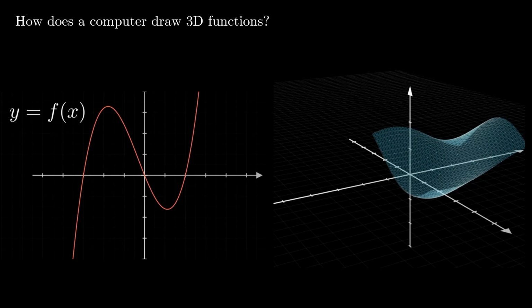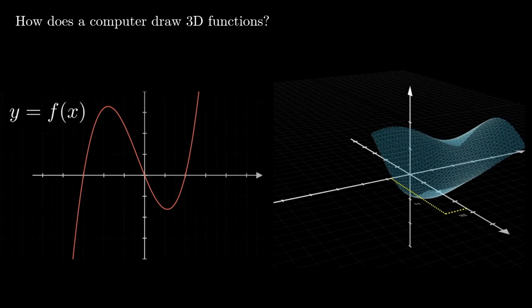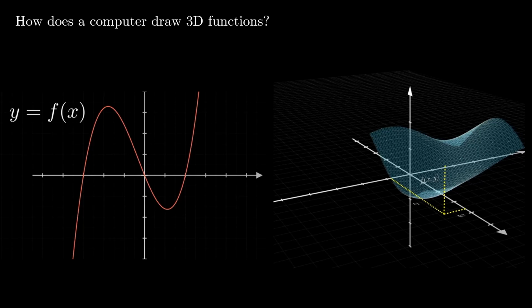Then the computer just joins all the points smoothly. So this is what I was telling you about. We had a point x and y, and the computer simply computes the value of f of x and y, this function right here, and elevates the point by that altitude. And this is how a computer draws a 3D function.